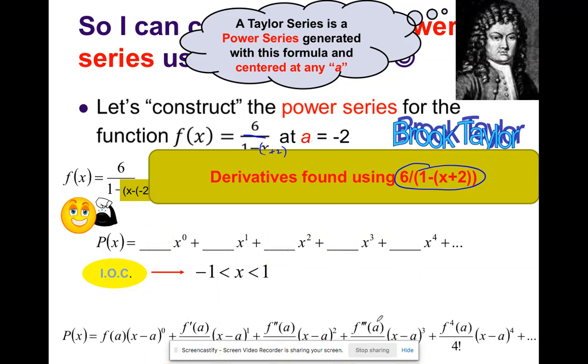You would have to use Brooke's formula, and you would evaluate the function at -2, and you would have x minus -2 to the 0, which of course would be x plus 2. Everywhere you saw an a, you would plug in -2, and then you would divide by the appropriate factorial to get the coefficient.